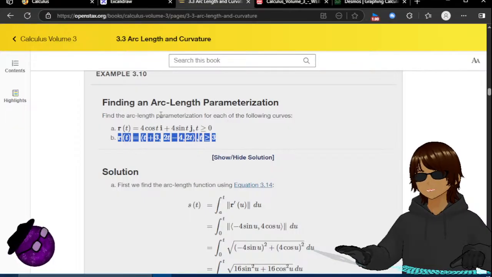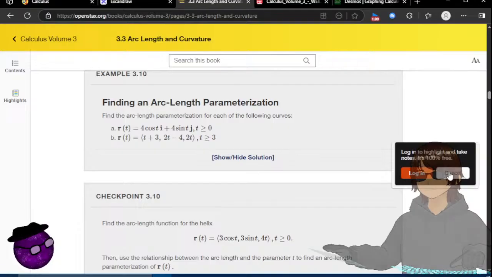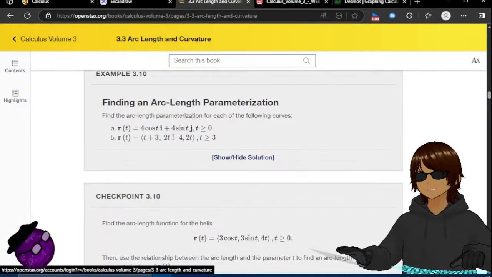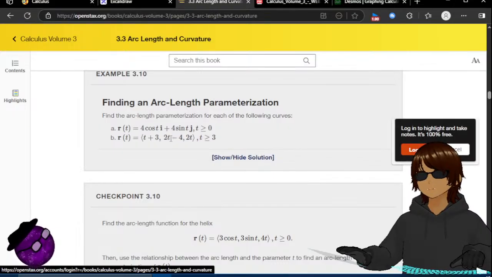So t plus 3 square, 2t minus 4 square, and then 2t square.